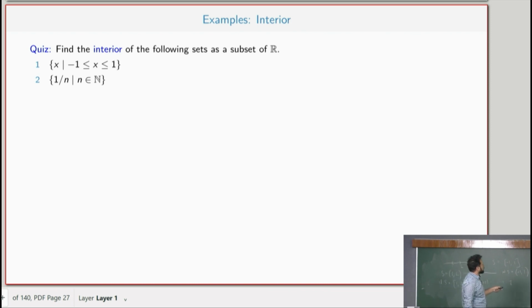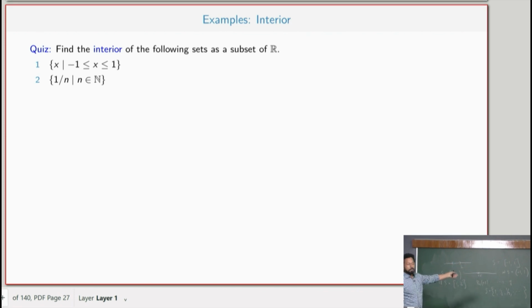Similarly, you can think of this, it's slightly more involved maybe, but very slightly. So 1 over n, this is a set S that takes values, let's say n is a natural number, it starts from 1, so this is 1 over 1, 1 over 2, 1 over 3, and it just keeps going, but the natural numbers are valid numbers.